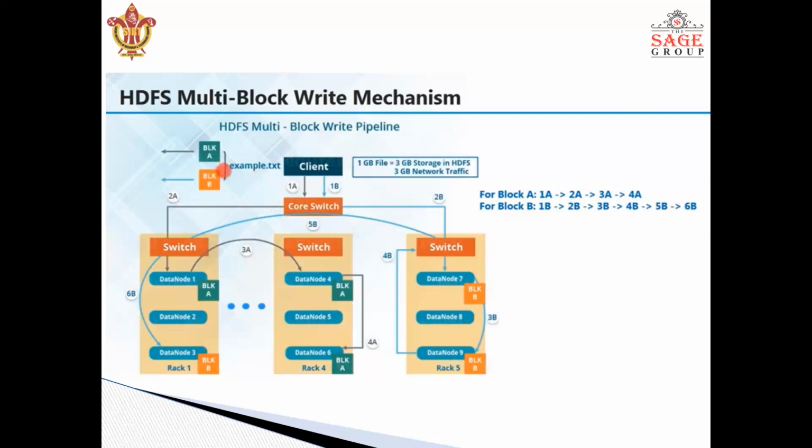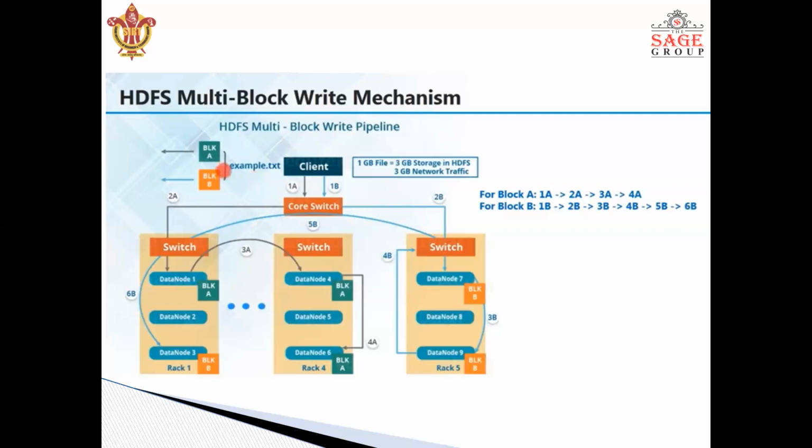Now, let me tell you that the writing process of block A and block B will happen at the same time. This is the most important thing about the writing mechanism of Hadoop architecture, HDFS, that all the blocks are written in parallel fashion so that we save our time and speed up the writing process.